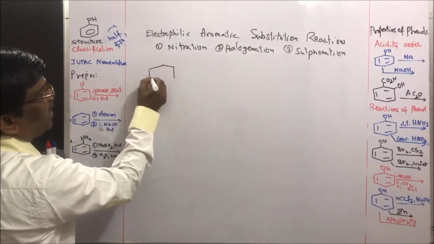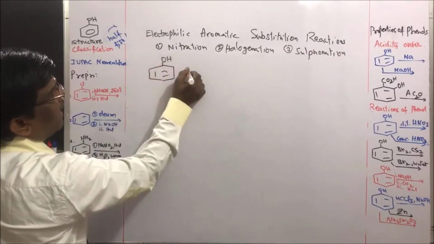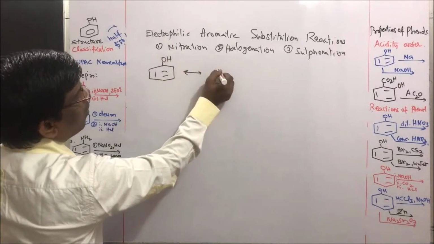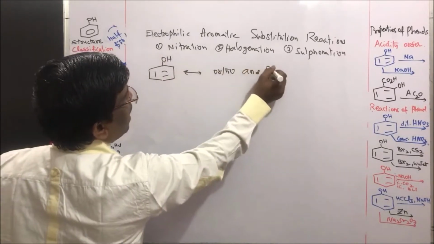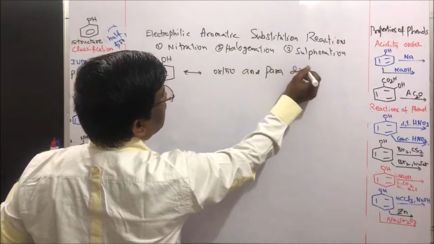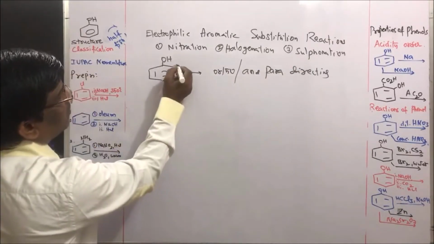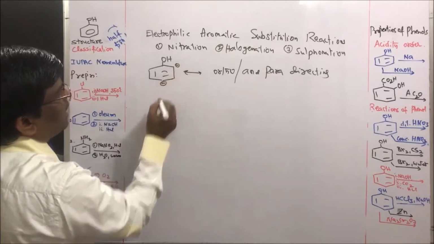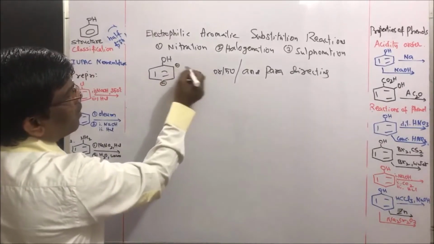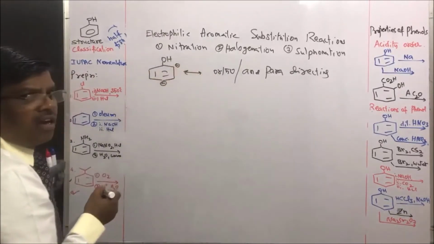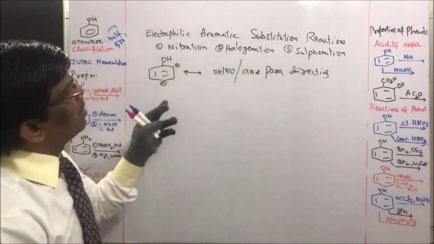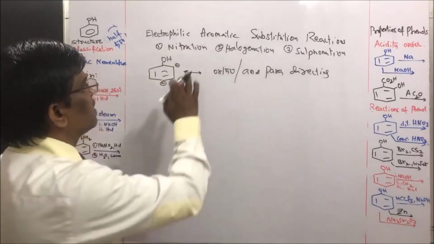Phenols are activating groups, and these are ortho and para directing groups. Just now I have shown during the resonance structures you will get negative charge at this place and at this place. The incoming electrophile takes up this anion or nucleophilic nature to undergo electrophilic aromatic substitution reactions.